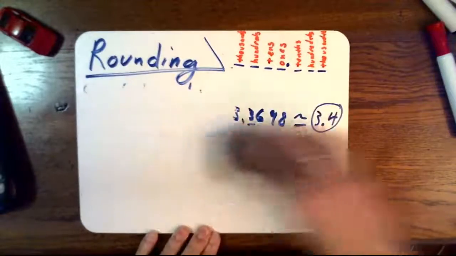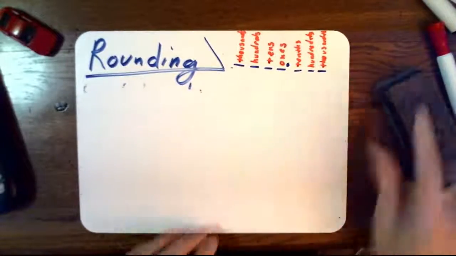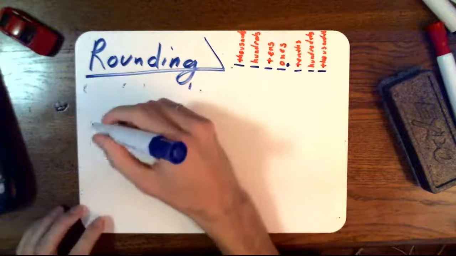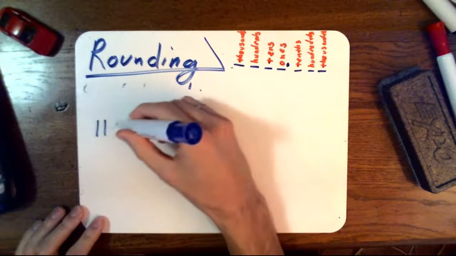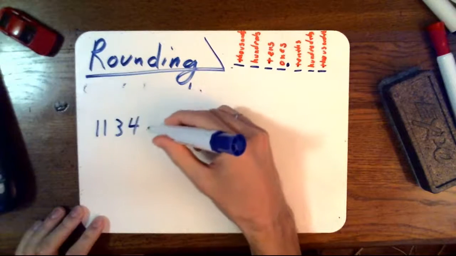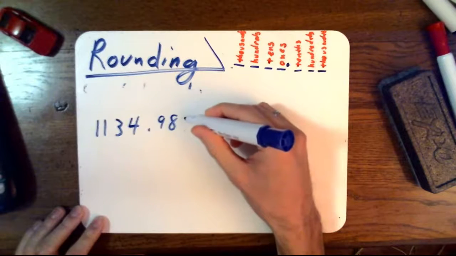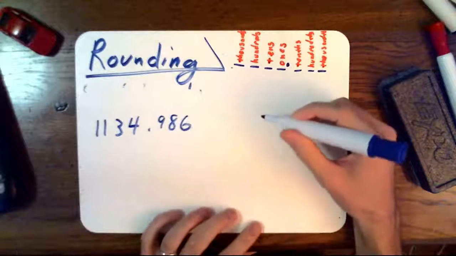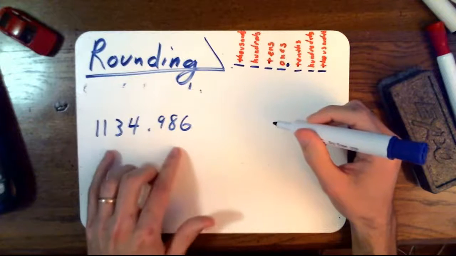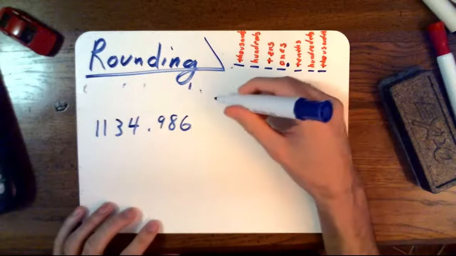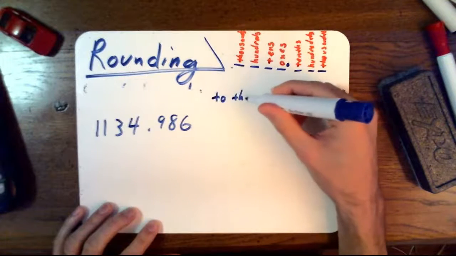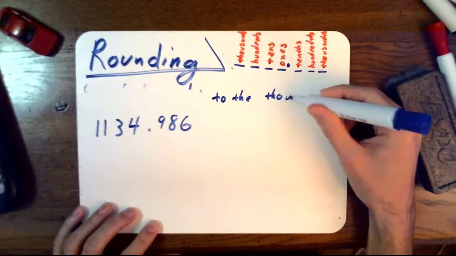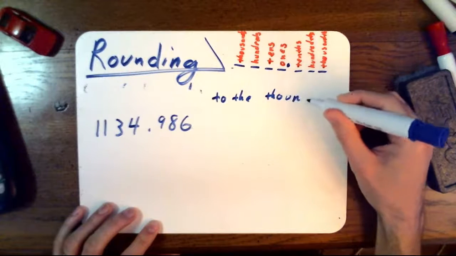But let's try pretty weird ones. How about like 1,1. And actually, let's do this number twice.